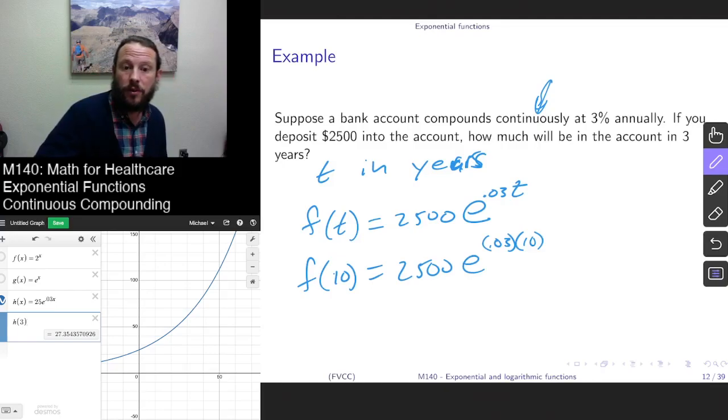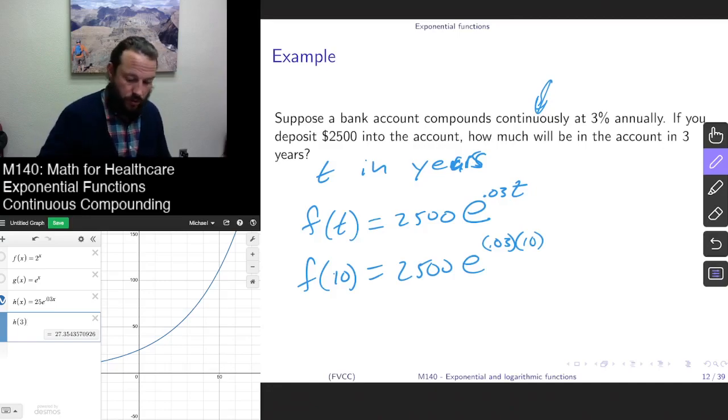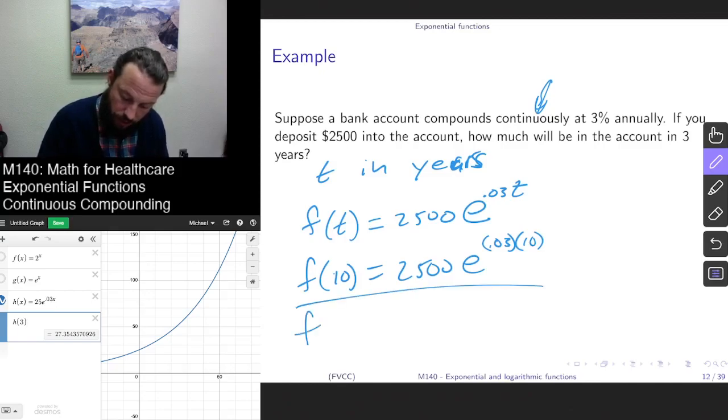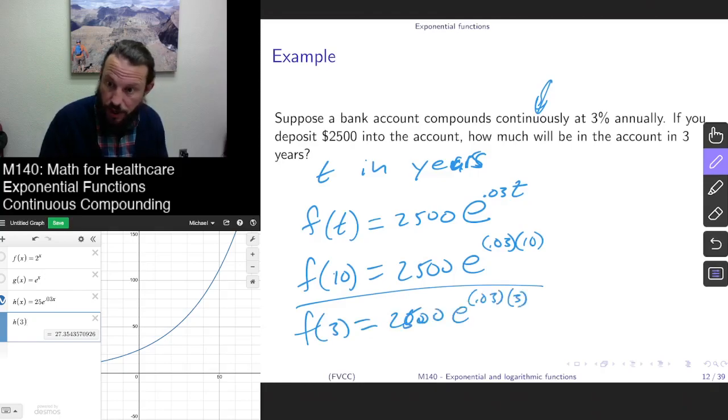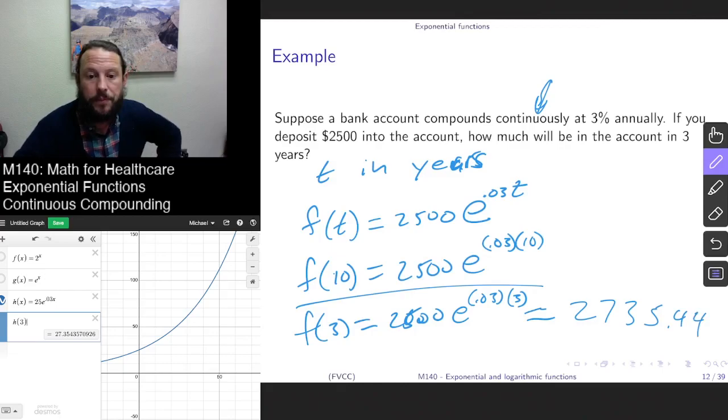That's what you'd gain over 3 years. Writing that here: 3 years, 2500 e to the 0.03 times 3, which came out to be approximately $2,735.44.